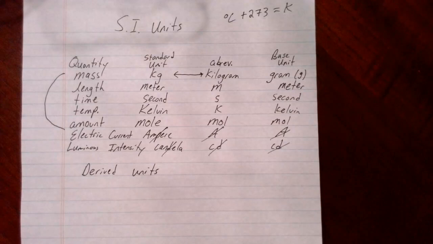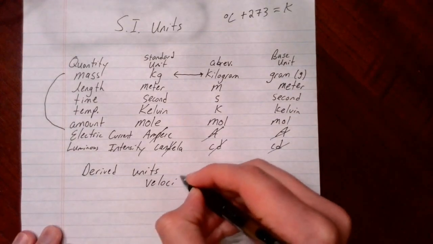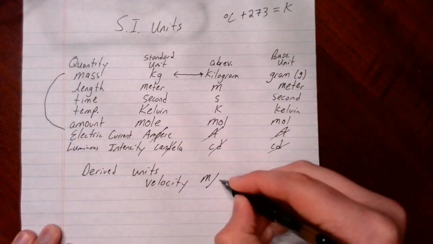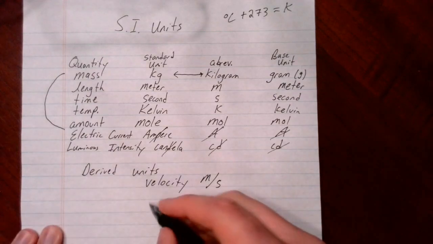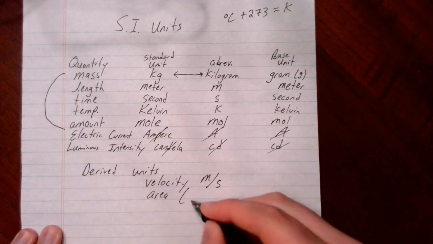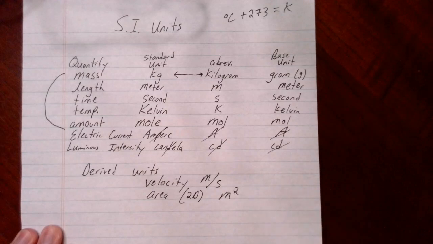Velocity or speed would have a unit of meters per second. That would be a unit derived from multiple other units. Or something like the area of a 2D shape, you can have meters squared. Or if you had volume, you can have meters cubed.